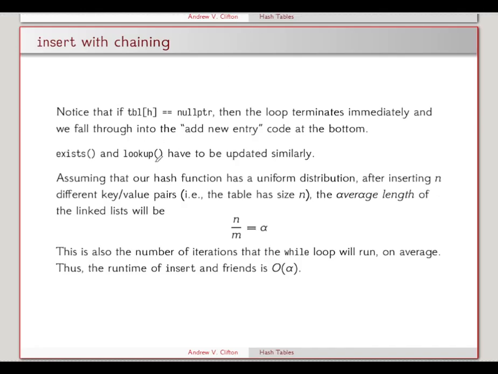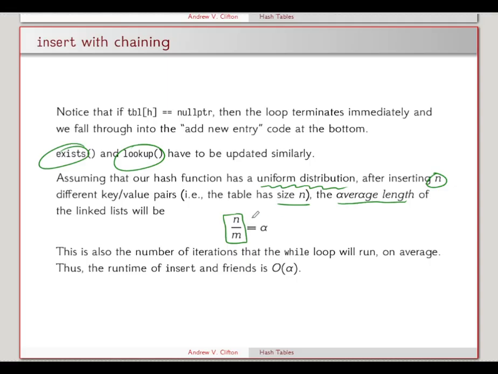That's just worth mentioning. Again, exists and lookup do a similar sort of thing. They search through the list at that particular spot, looking for a matching key. Now, assuming that we wrote a good hash function, remember that a good hash function has a uniform distribution. So after we've inserted n many different key-value pairs, we have a size of n, and the average length of these linked lists will be n over m. If we have a uniform distribution, then all of those n things will be spread evenly over the table.